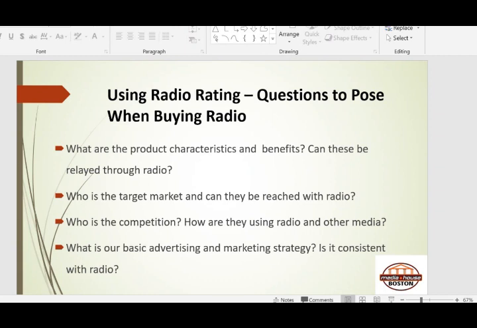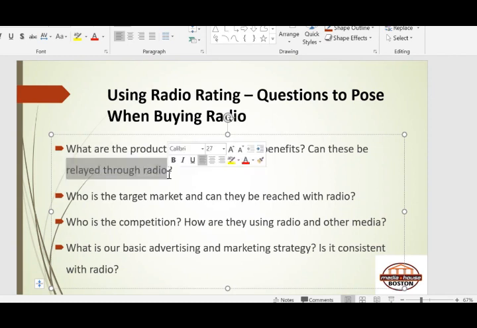But questions to pose when you are buying radio space, or advertising space. What are the product characteristics and benefits? Can these be relayed through radio? So we have to look at, for example, let's say a high school comes to you and they want to advertise. What are they advertising? It's not really a good match.